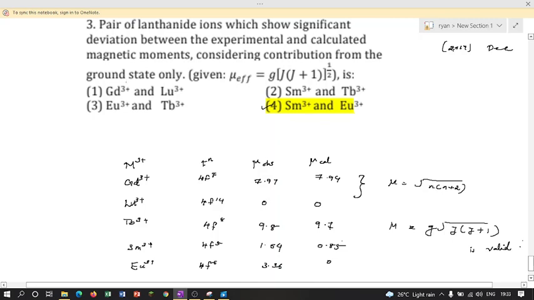Question: pair of lanthanide ions which show significant deviation between the experimental and calculated magnetic moments considering the contribution from the ground state only. Therefore, here option 4 is the correct answer.